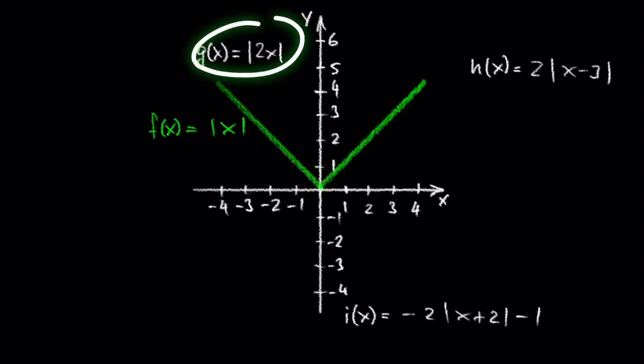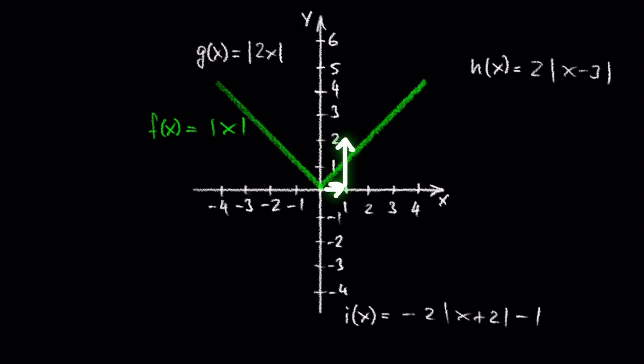What about g of x equals the absolute value of 2x? We see that the x's are doubled. So when we plug in a 1, we get a 2 as an output. When we plug in a 2, we get a 4 as an output, because 2 times 2 is 4.